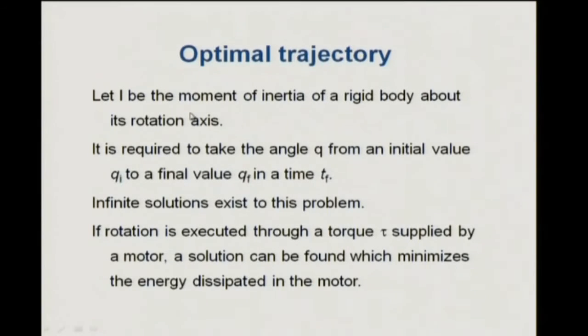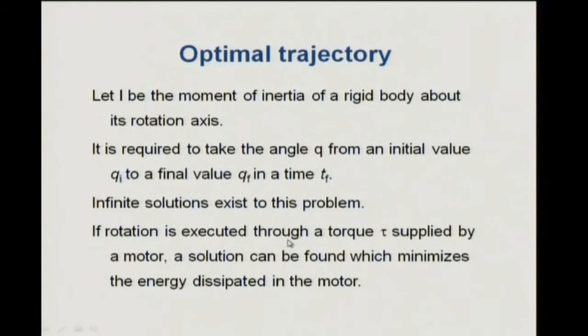So, if I is the moment of inertia and I want to take the angle q from initial value qi to final value qf in time tf, obviously infinite solutions exist.